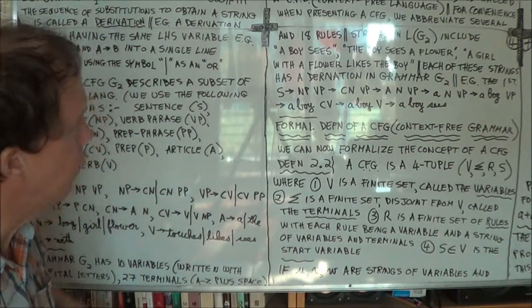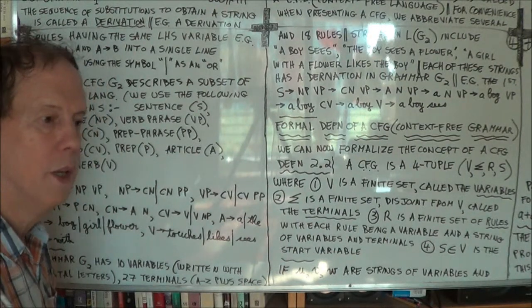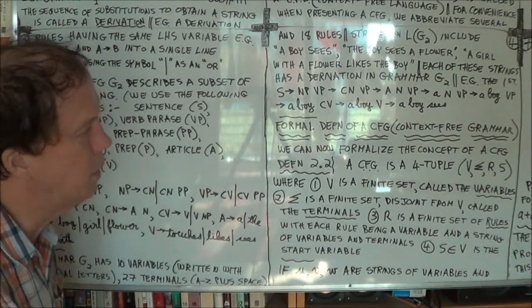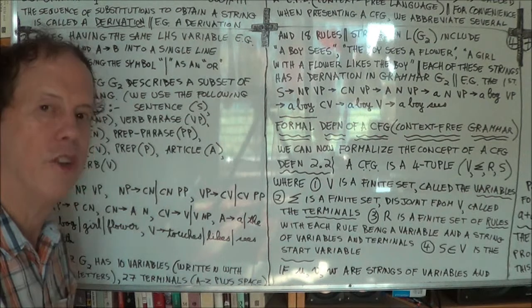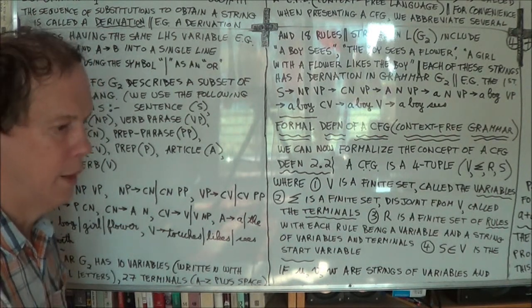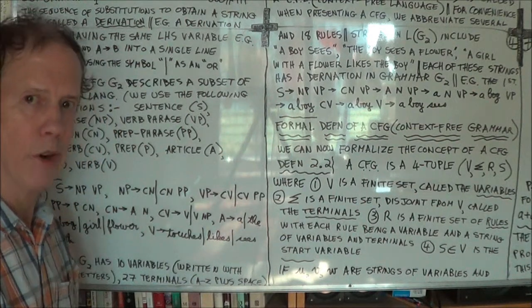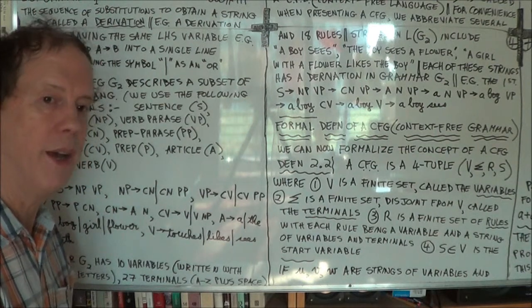Okay. All right. So we've done two examples of playing with grammars. So you've got an idea now of how a grammar works, how you can generate a string from the grammar. And the set of all strings that you can generate from the grammar, that's the language generated by the grammar.